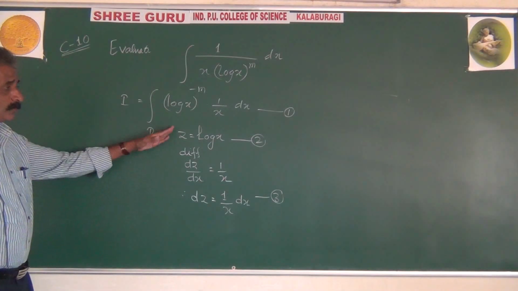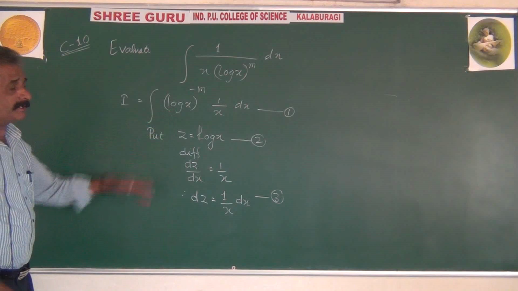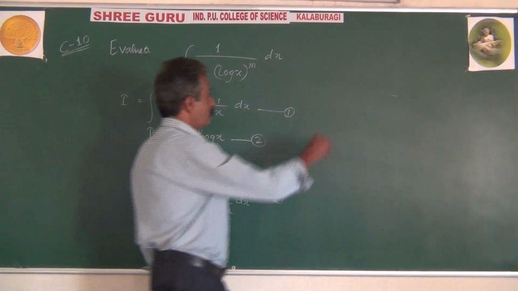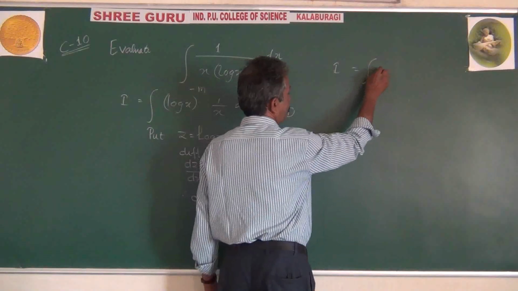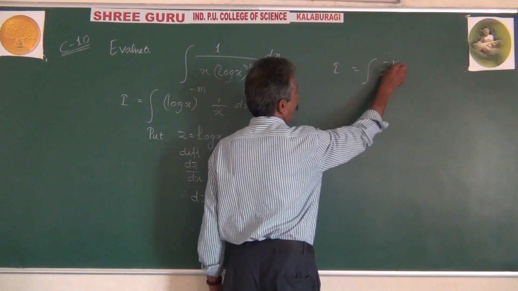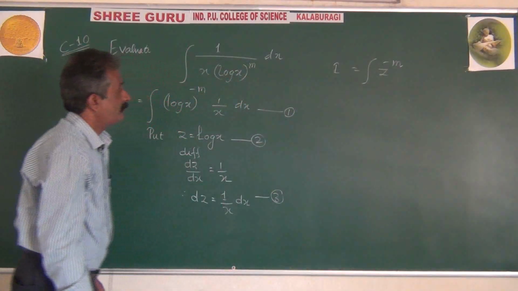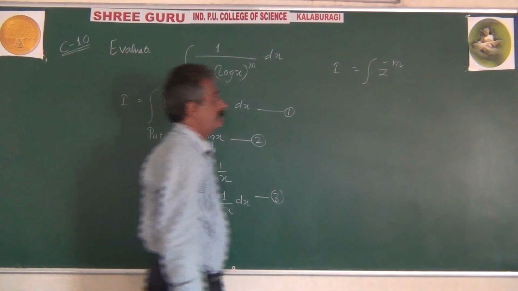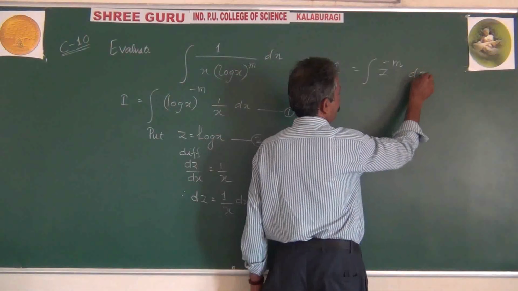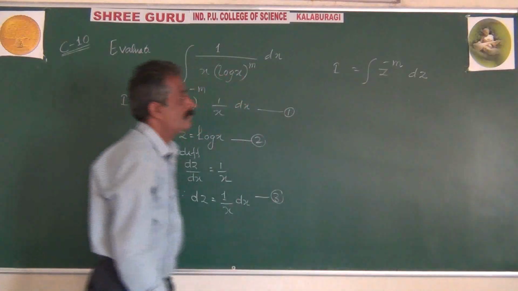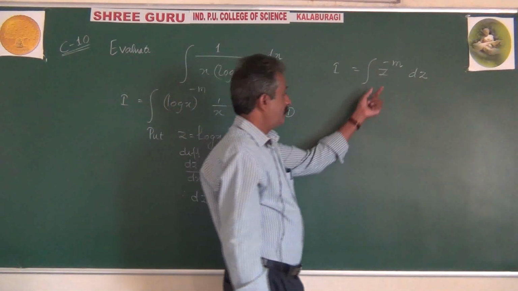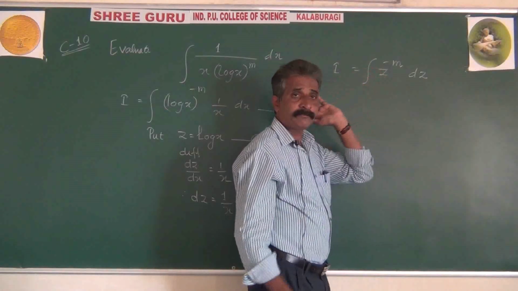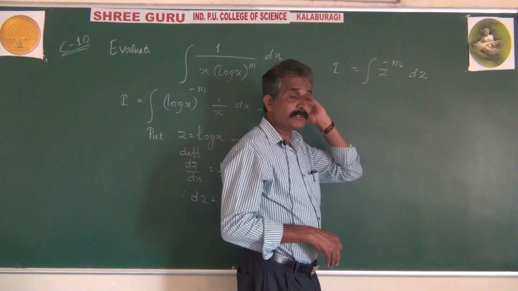And write that from 2 and 3 using in 1. Hence now I becomes integration z to the power of minus m, remaining is dz. Now it is normal integration type, it's just like integration of x power n is x power n plus 1 by n plus 1.